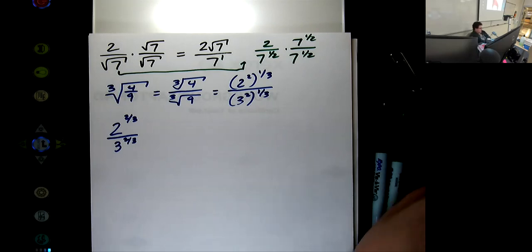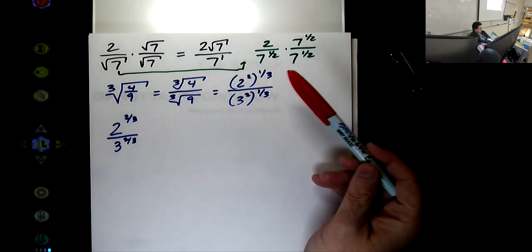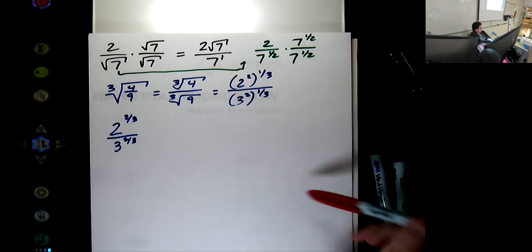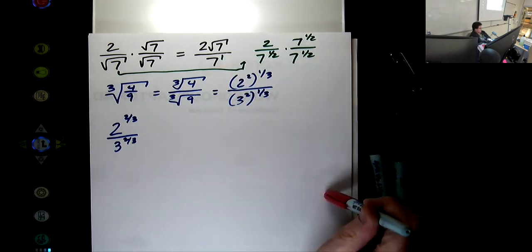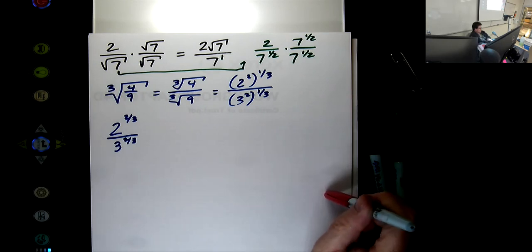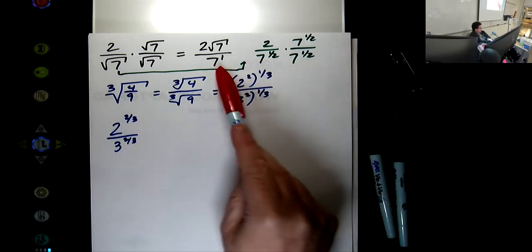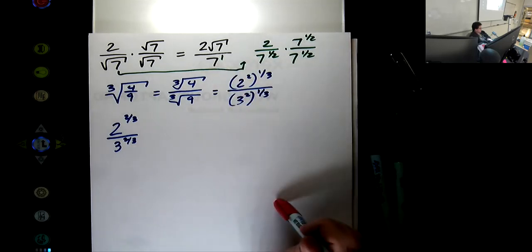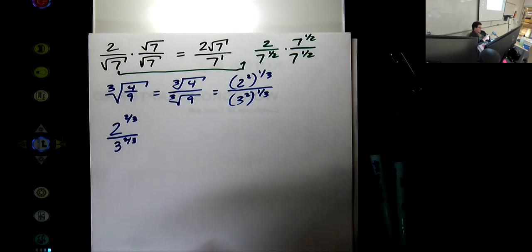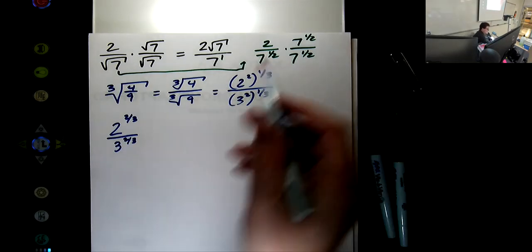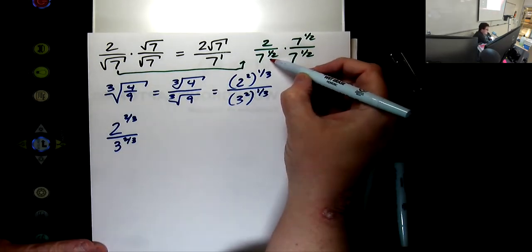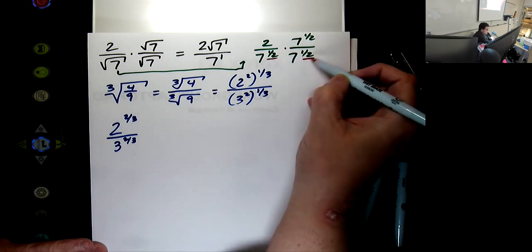What did I do here with the square root of 7 such that I ended up with a 7? In terms of exponents, not radicals. If I look at this, what did I do to end up with 7? I multiplied it by the same base where the exponents add to 1.